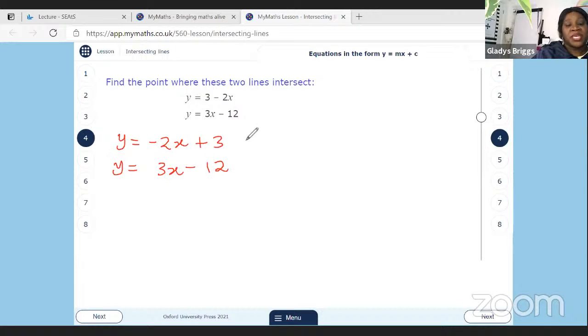Okay, so what do we do here? We times the top one by 3 and times the bottom one by 2. Now we have to be careful so that we don't make the mistake of the first time.